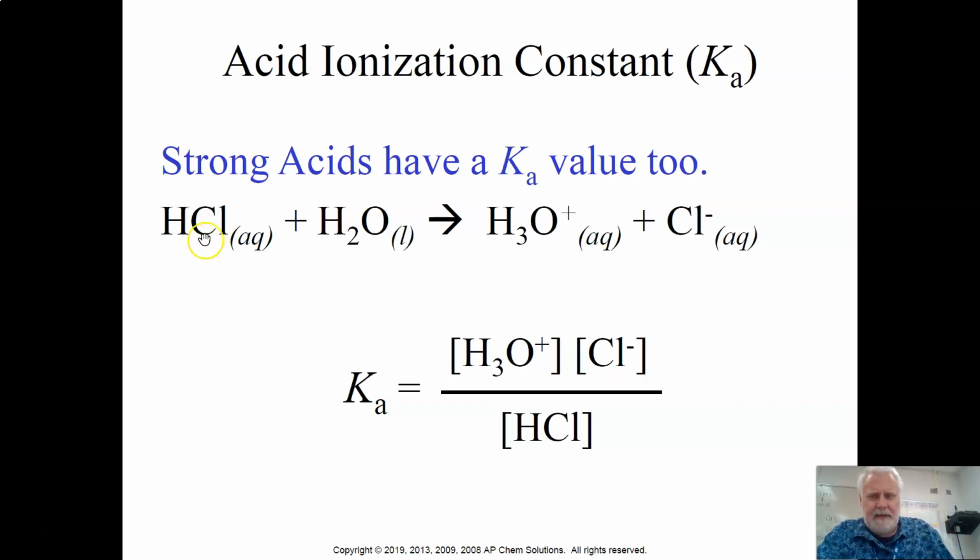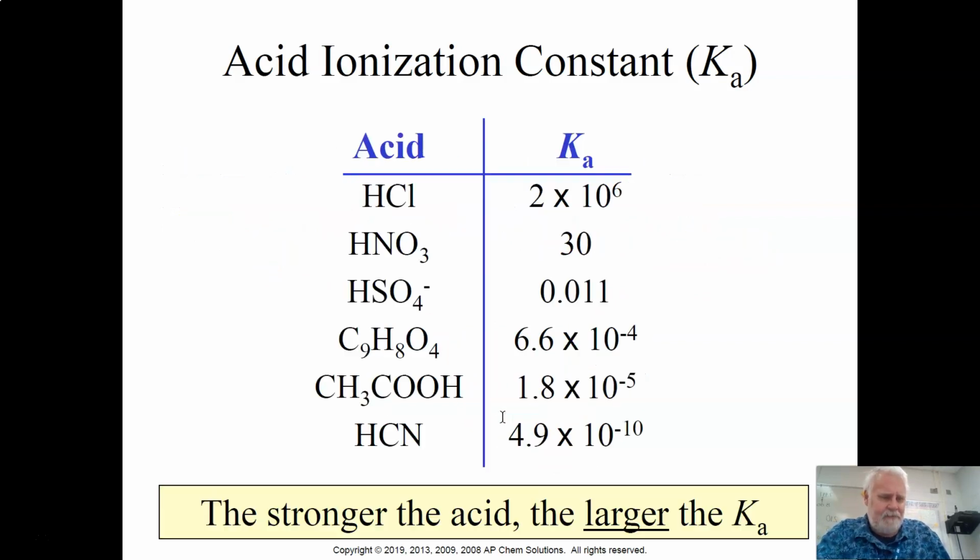So something like hydrochloric acid is going to donate its hydrogen to the water and end up being a Cl minus, which is now a conjugate base, could accept a proton theoretically. But you can see there's two products and one reactant that could be, in theory, part of a Ka constant.